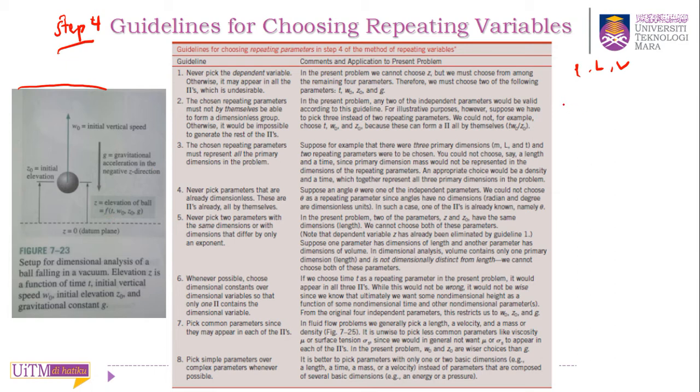I write here: z is a function f of time t, initial vertical speed w naught, initial elevation z naught, and gravitational constant g.